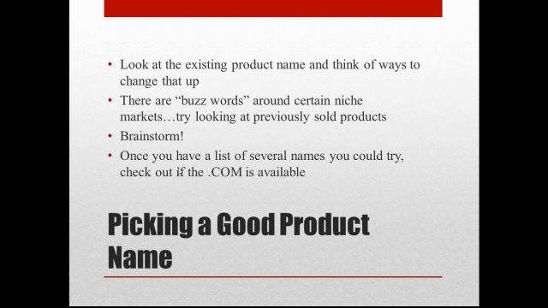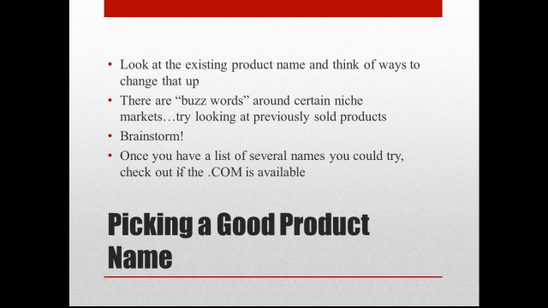So what you need to do is look at the existing product name of the product that you're buying and rebranding and think of ways to change it up. There are lots of buzzwords around certain niche markets, so try looking at previously sold products in order to spark some attention and get some eyes on your new product.